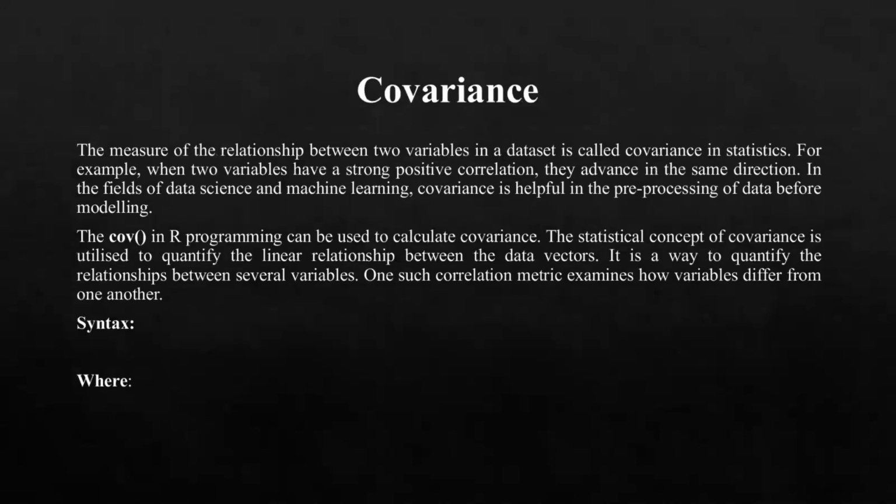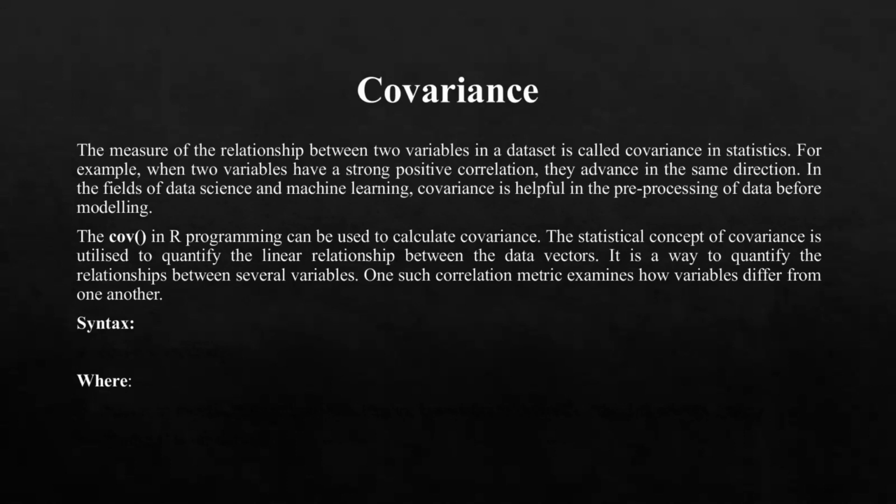So, what is actually covariance? The measure of the relationship between two variables in a dataset is called covariance in statistics. For example, when two variables have a strong positive correlation, they advance in the same direction. In the fields of data science and machine learning, covariance is helpful in the pre-processing of the data before modeling.